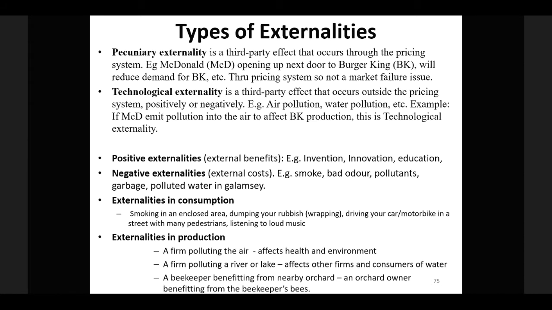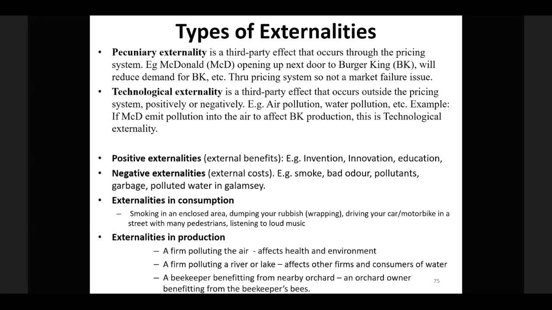We can look at several types of externalities. We have what we call pecuniary externality, where a third-party effect occurs through the pricing mechanism. For instance, when you go to the US, you often see McDonald's opening up a shop next to Burger King.